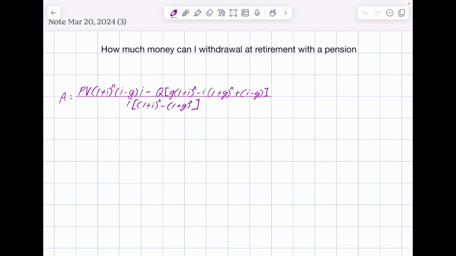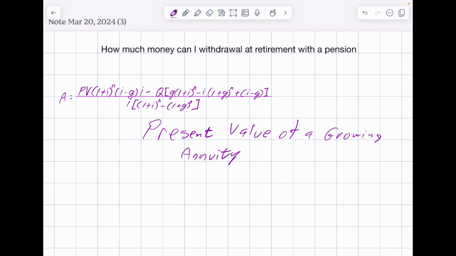Let's start with the present value of a growing annuity formula. This formula can be Googled to find out more information about it and how it works, but we'll write it down here.